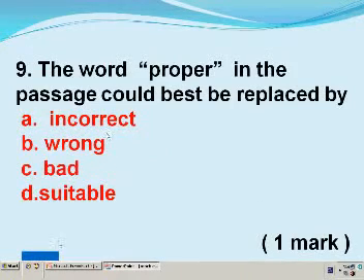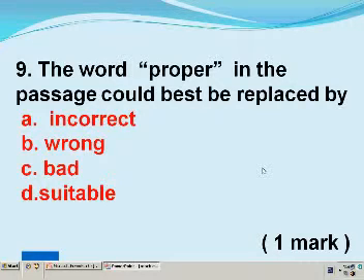So if you go back to the choices, let us check which one is most suitable here. Can it be incorrect? Incorrect use. What do you think? Wrong, bad, suitable. I think suitable is the only positive word we have here, which goes with the same meaning of the paragraph.